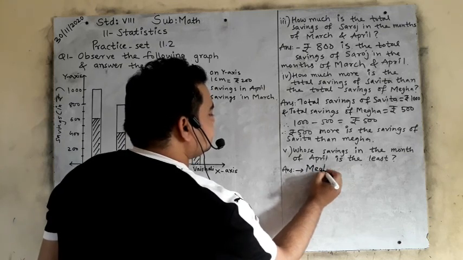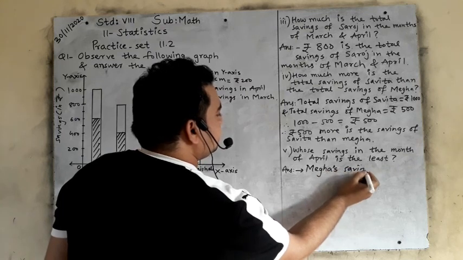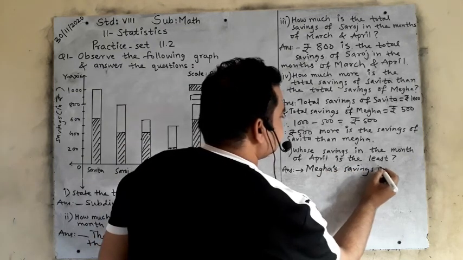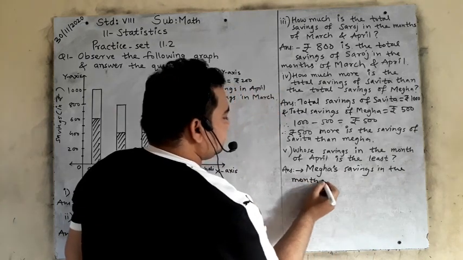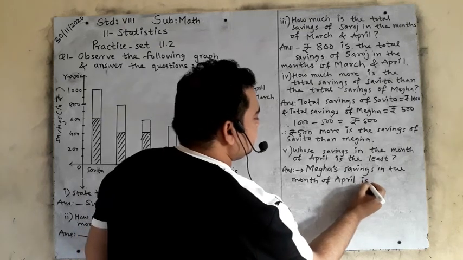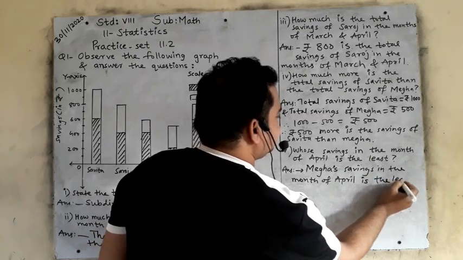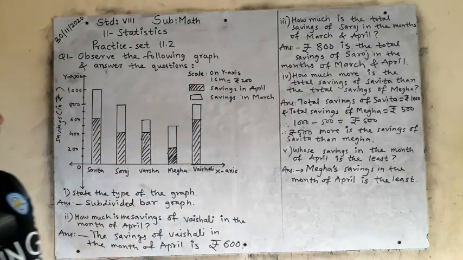Megha's savings in the month of April is the least. Least means सबसे कम. Is it clear? Lowest.